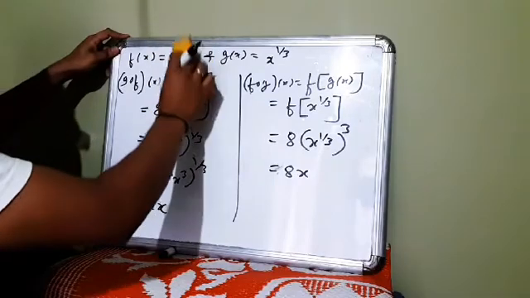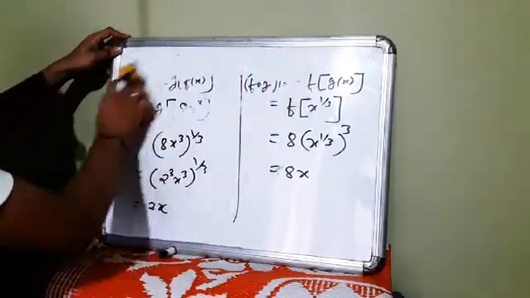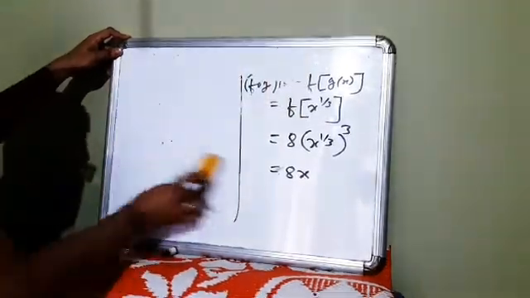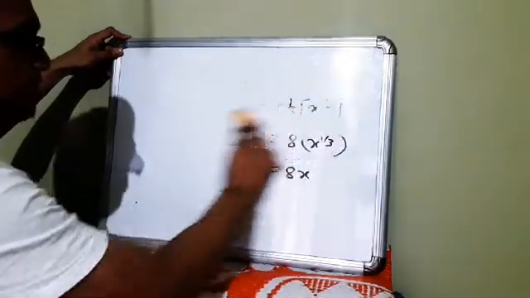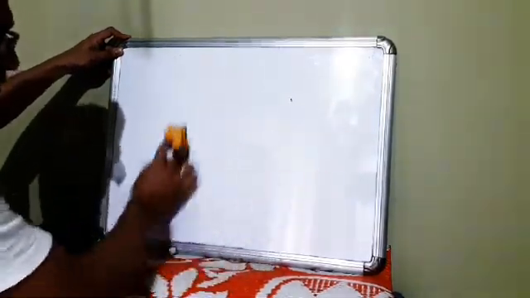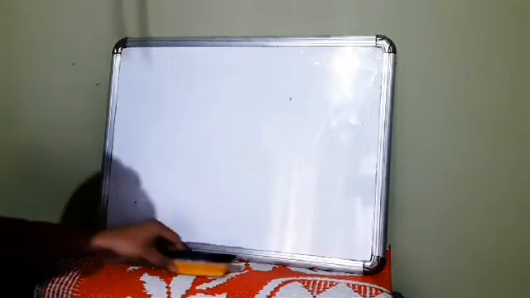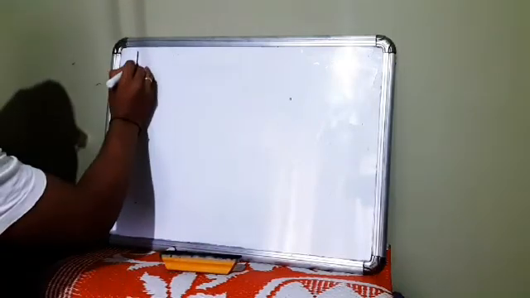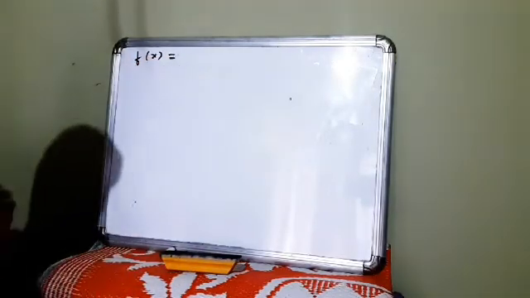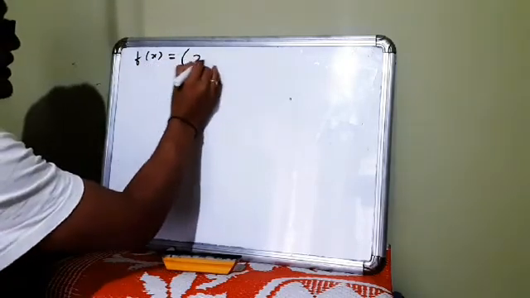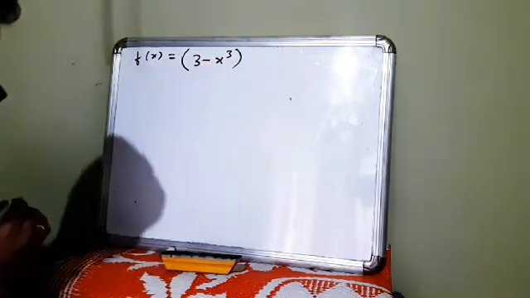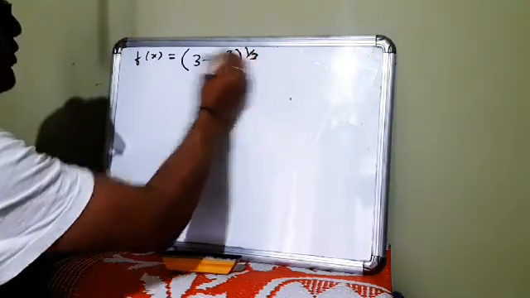Let us take another example now. I hope you are understanding these examples. So let us take one more example. Now f of x is equal to 3 minus x cube, to the power 1 by 3.